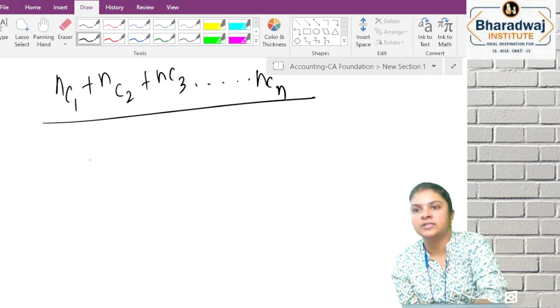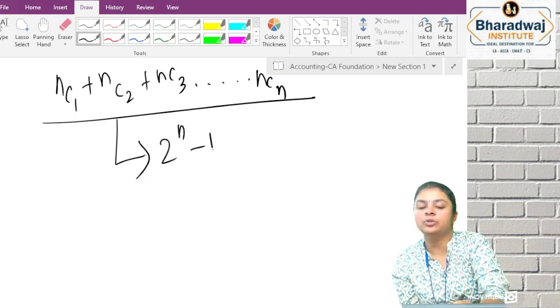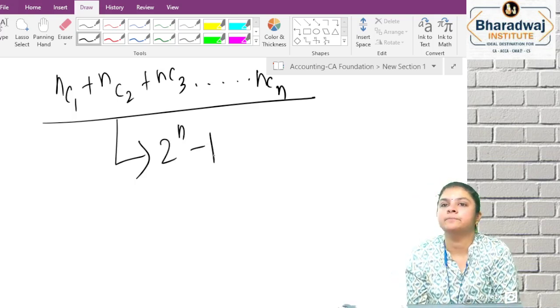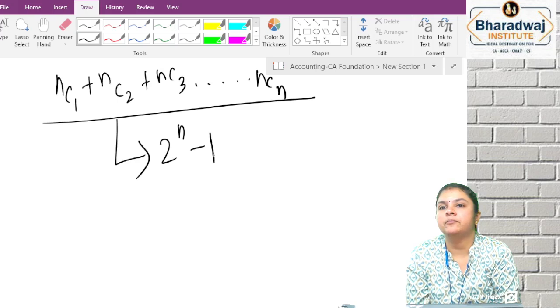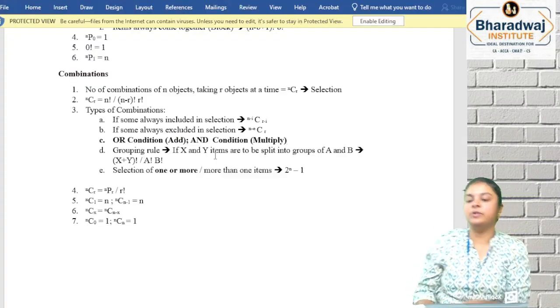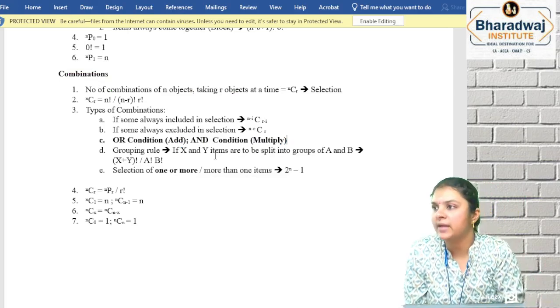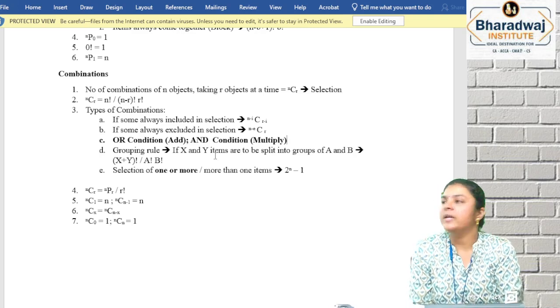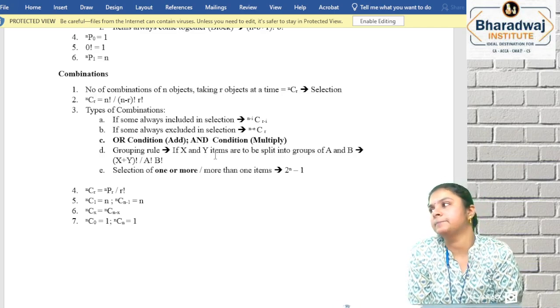Instead of doing all this separately and adding, the shortcut formula is 2 to the power n minus 1. Okay, so these are the basic formulae under combinations. Now when we do the questions, if I feel some other formula will also be helpful, I will give you an additional formula if required. Okay, so clear with these basic rules? Quickly run through once, we will start with the questions.